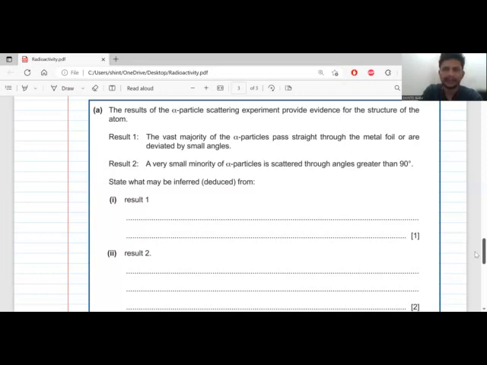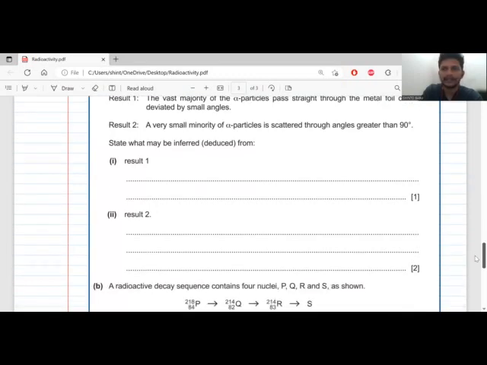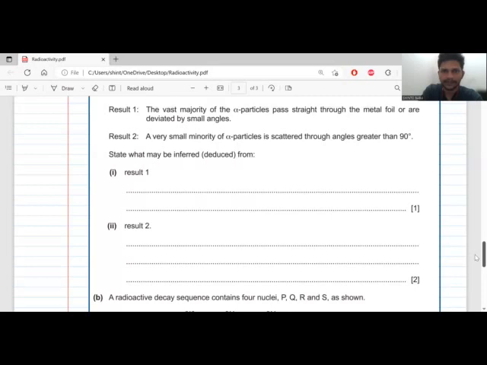We have to deduce a conclusion from these two results. The conclusion that we can draw from result 1 is that the atom is mostly empty. And as for result 2, we can conclude that mass is concentrated in a very small region having positive charge. That is why you are getting a small deflection.